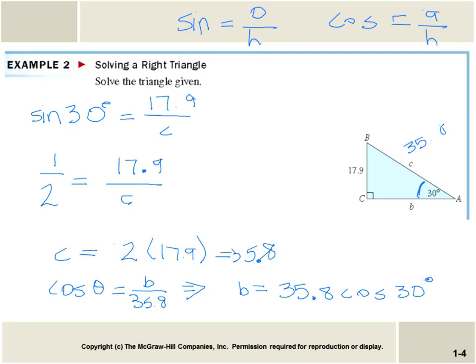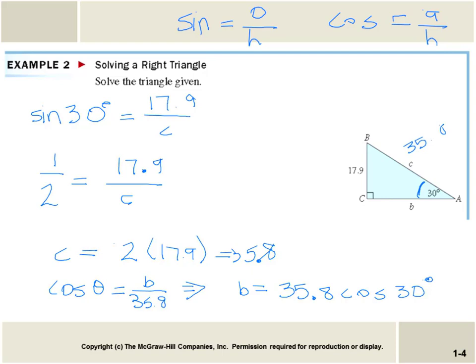I could also say the tangent, you're right. What's the cosine of 30 degrees? Good.